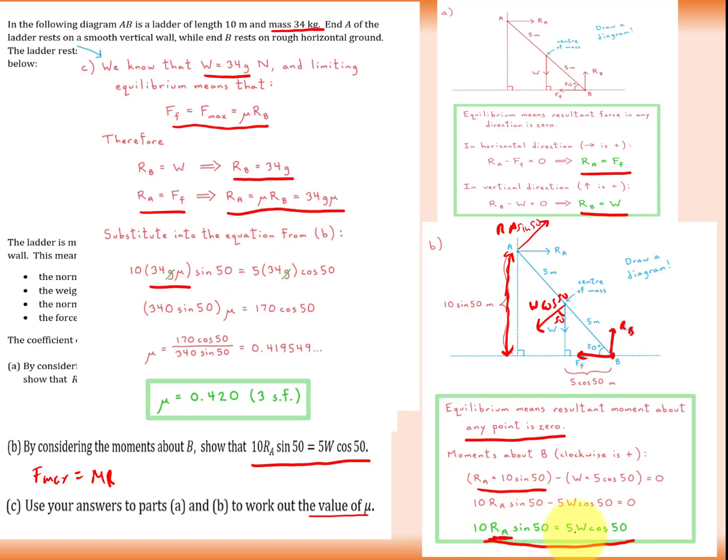Okay, and the W as 34G here. Now we can cancel out these G's and then solve for mu, and we get this answer. So mu is 0.420, which we know should be less than 1. So that's how we do that.